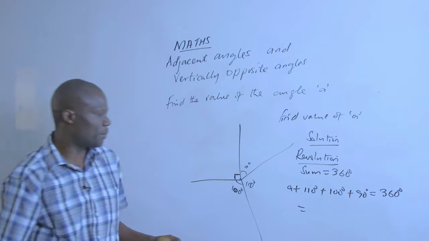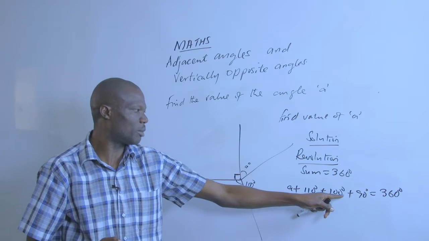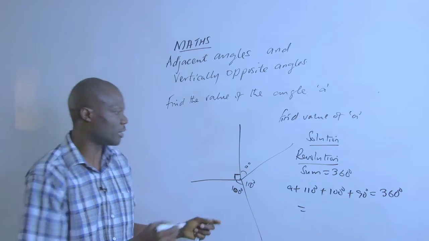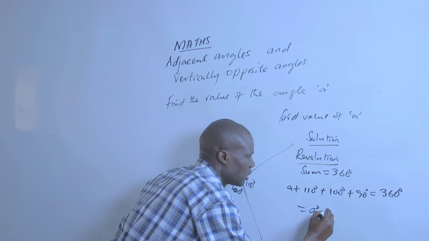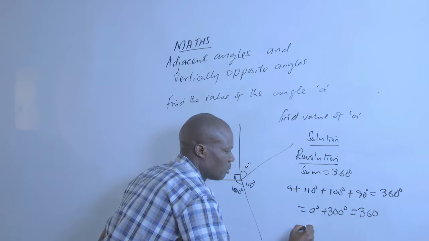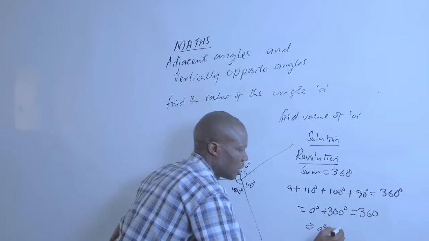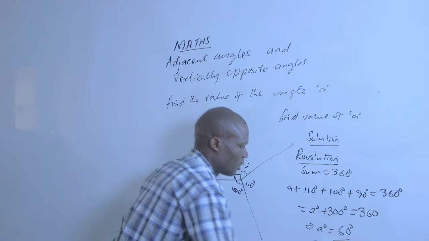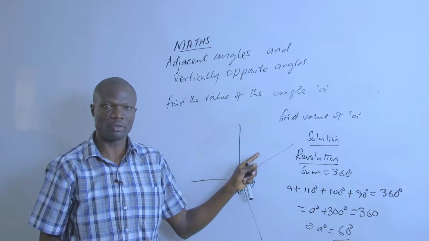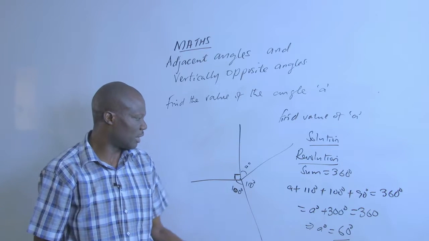Summing everything up, this is 110 plus 100, that is 210, plus 90, that is 300. So A degrees plus 300 degrees should give us 360, which implies that A is equal to 360 minus 300, which is 60 degrees. So you have been able to find the value of A as 60 degrees.